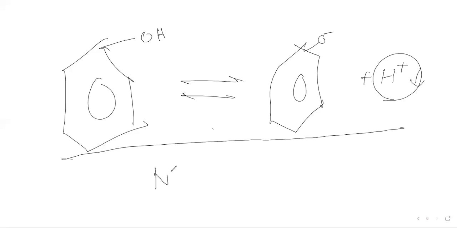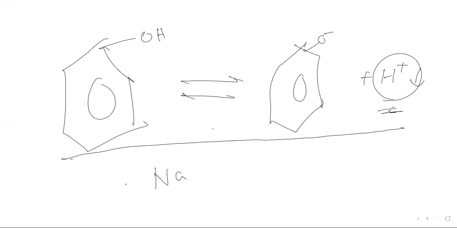But then how does sodium react with phenol? Because sodium was supposed to react with that H plus ion, to replace that H plus ion. Now here's the thing: the H plus being produced here is enough for making the sodium lose an electron.